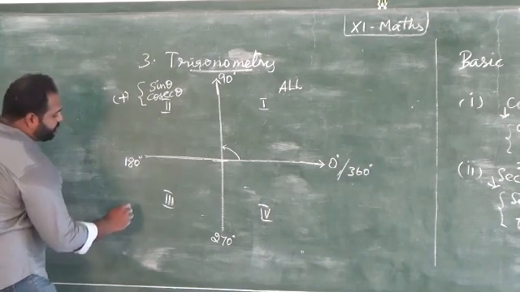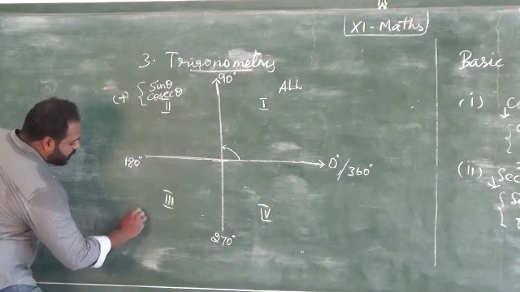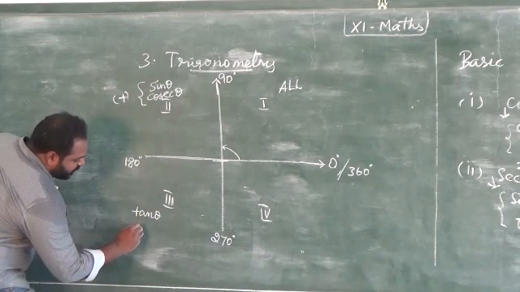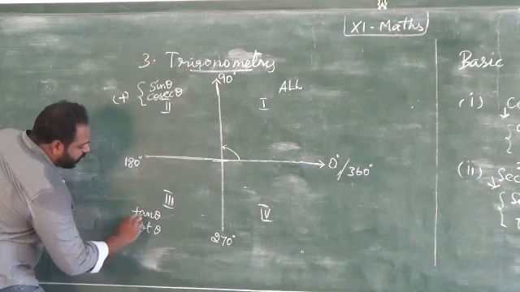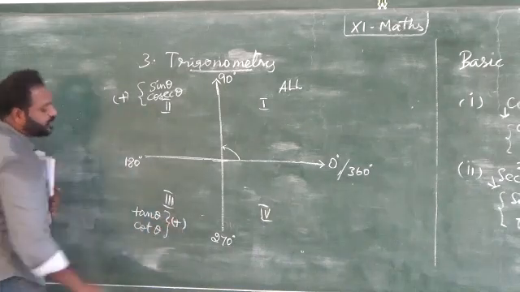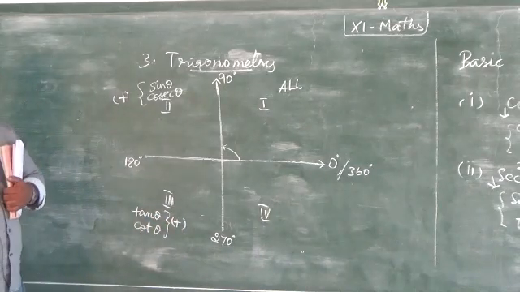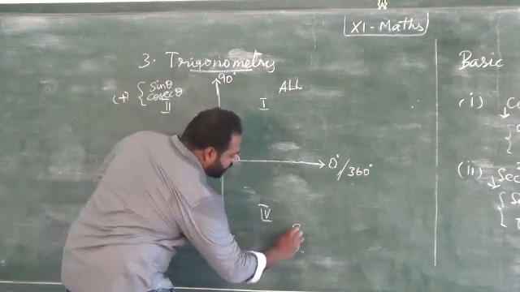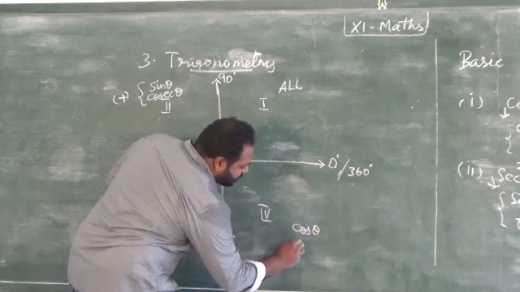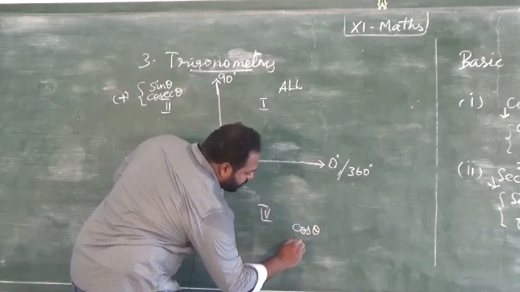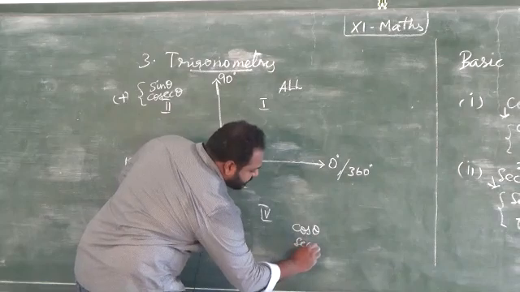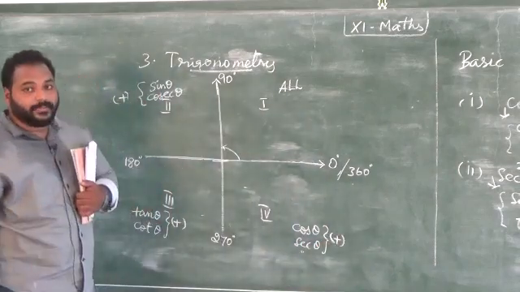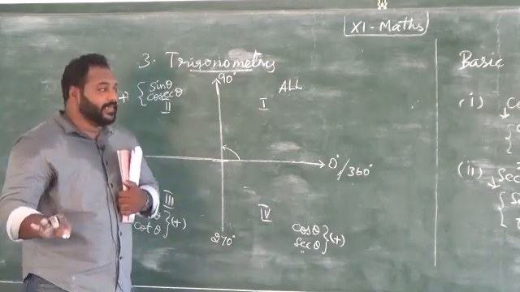In the third quadrant, tan theta and its reciprocal cot theta alone are positive. All the other 4 ratios will be negative. In the fourth quadrant, cos theta and secant theta are the only ones positive. All other 4 will be negative.